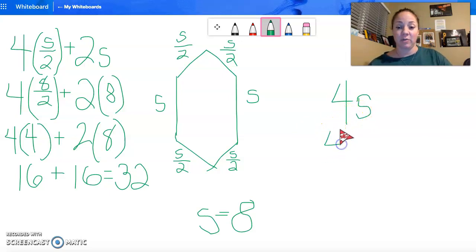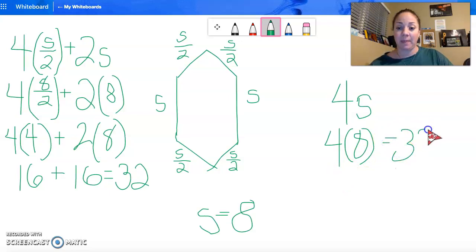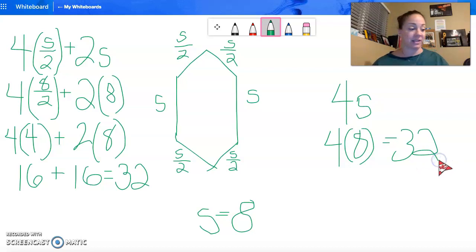So we're going to go 4 times 8 because we have to substitute 8 for the s. And 4 times 8 equals 32. Same thing as Linda's answer. So, since Linda and David both got 32 when they evaluated their expressions, that means that their expressions are equivalent.